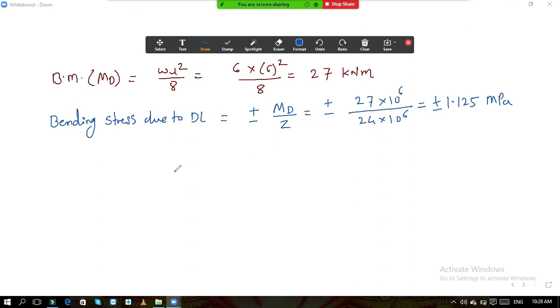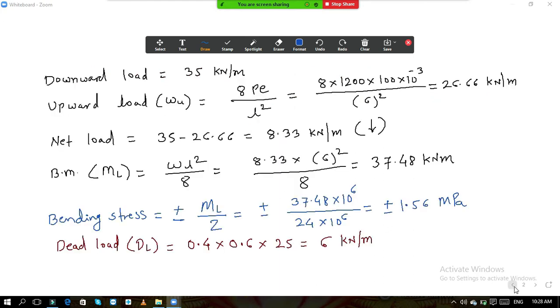Now live load bending stress we have calculated, dead load bending stress we have calculated. Then now we are going to calculate the direct stress.